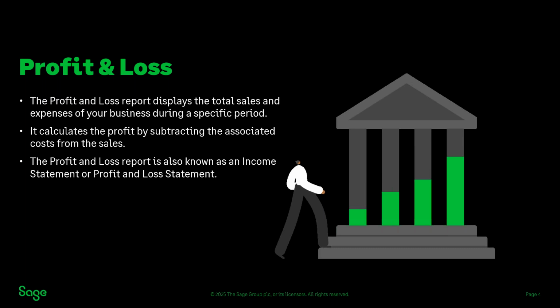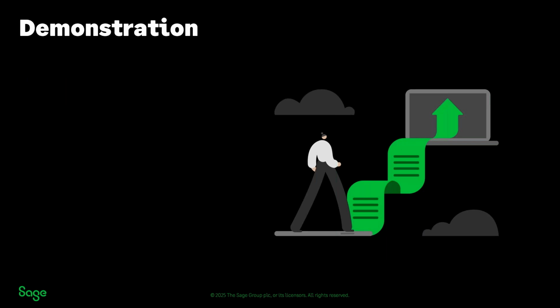Then you've got your gross profit, which is the amount of money you make from your sales less your direct expenses, and your net profit, which is the amount left over after paying all of your bills and other expenses. So let's jump straight into the software itself and demonstrate your profit and loss for you.